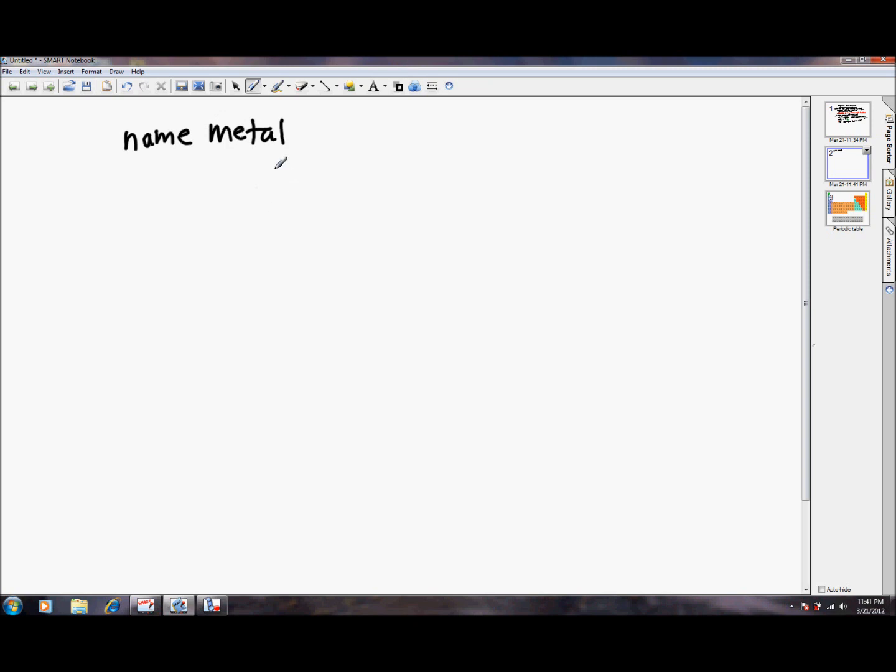Usually, since most of the polyatomic ions are negative, they're always going to come second in the formula, which means they'll also come second in the name. That means they're going to be paired in the compound with a metal. So you're going to name the metal.